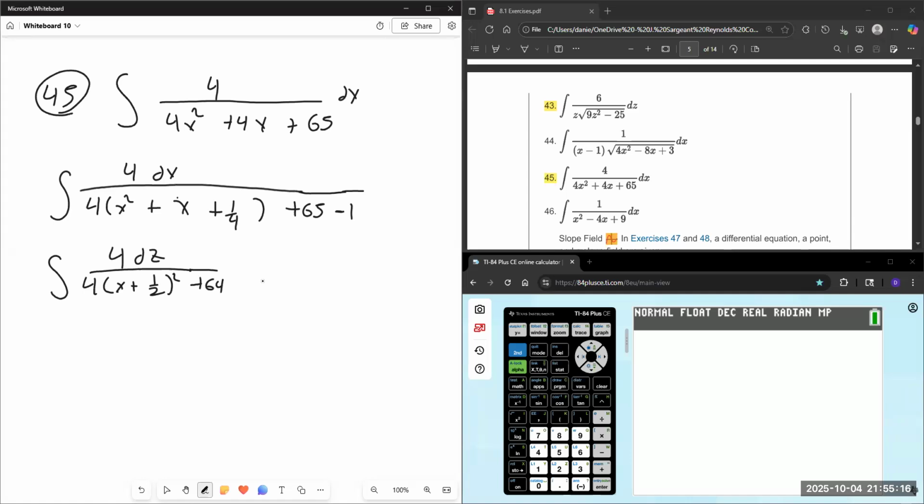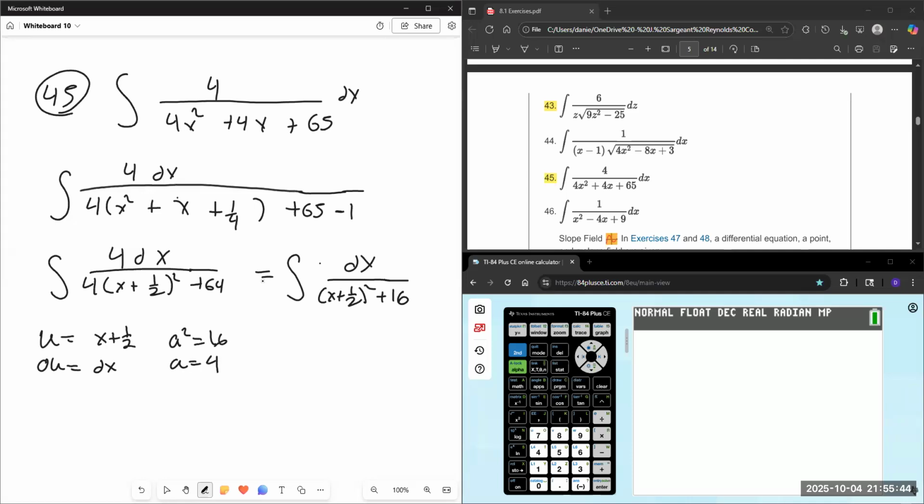Everything is divisible by 4, so that's the integral of dx over x plus 1/2 squared plus 16. So now my u is equal to x plus 1/2. My du is equal to dx. My a squared is 16. My a is 4.